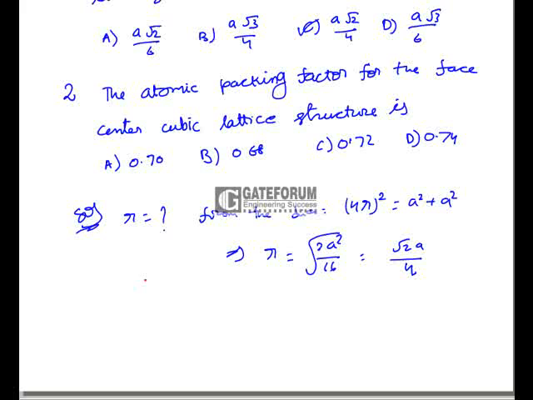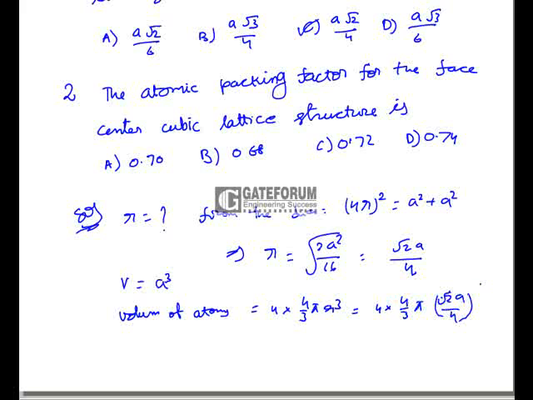Coming to the second question, atomic packing factor is nothing but the ratio of volume of atoms to the volume of unit cell. Here volume of unit cell is equal to a cube, but we will have to find out the volume of atoms, and for FCC structure the number of atoms is equal to 4, so the volume of 4 atoms is 4 into 4/3 pi r cube, and we already found that r is equal to root 2 a by 4, that is 4 into 4/3 pi into (root 2 a by 4) whole cube.